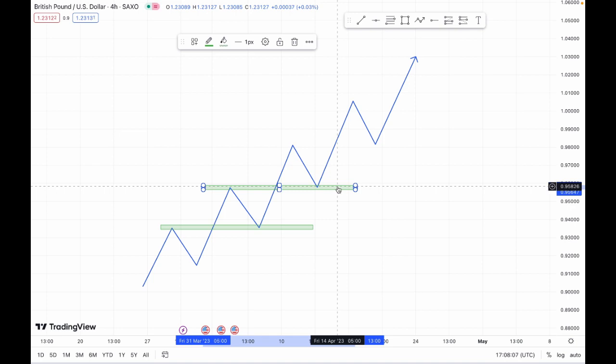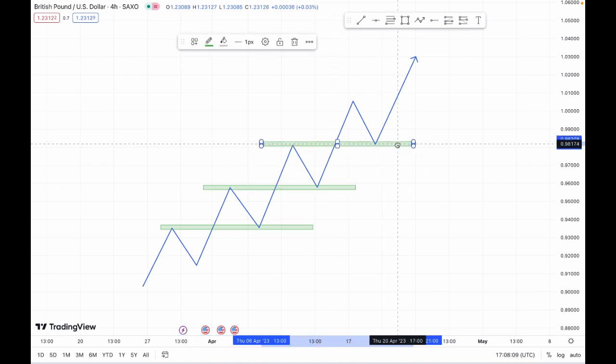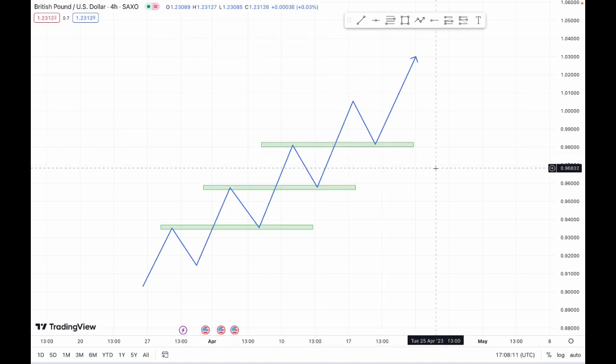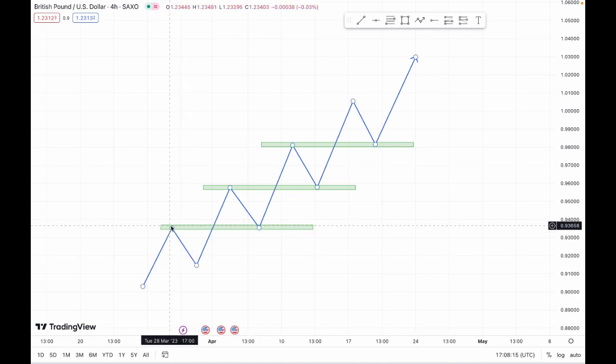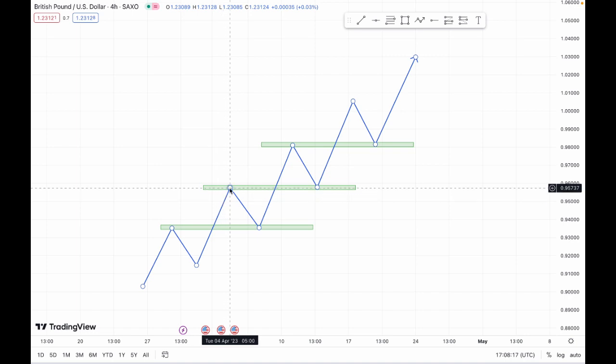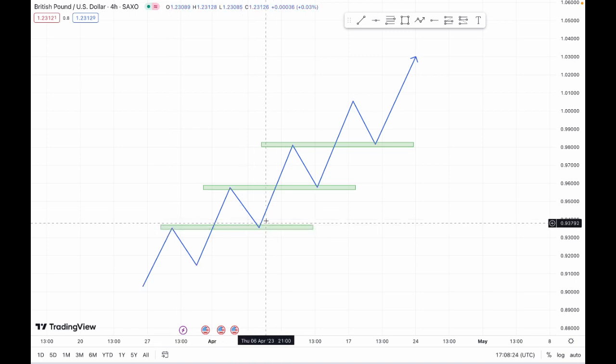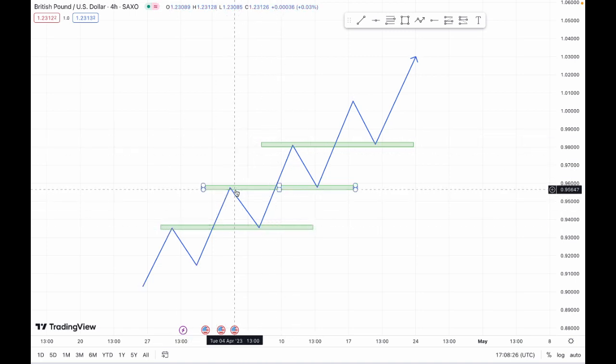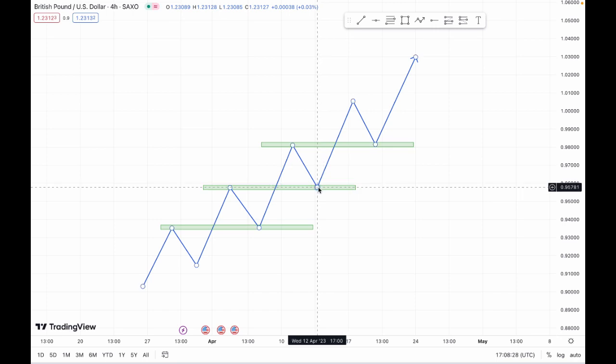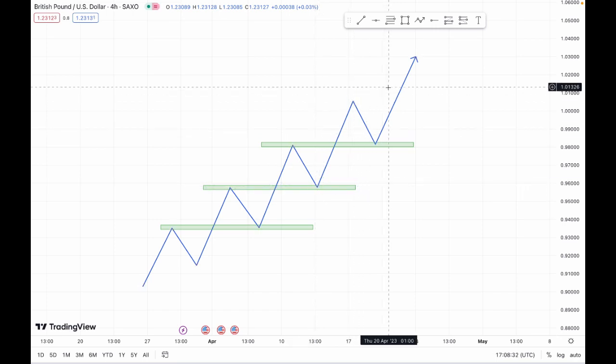This is what you call a breakout and retest strategy. Every time the market breaks out of previous resistance, it will come back and retest the previous resistance as support and go up again, come back, test the recent resistance as support and go up and go up.